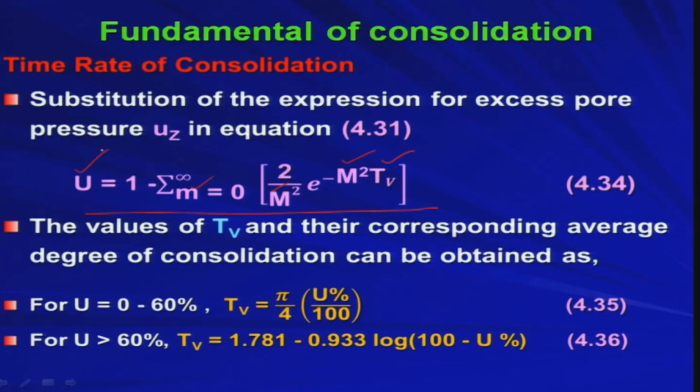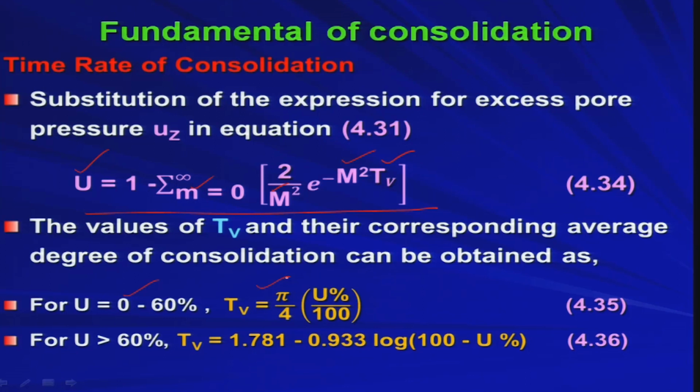Now, the values of T_v, that is the time factor, and their corresponding average degree of consolidation can be obtained as: if U, the average degree of consolidation, is 0 to 60%, then T_v can be calculated as pi by 4 into U in percentage, of course, divided by 100.